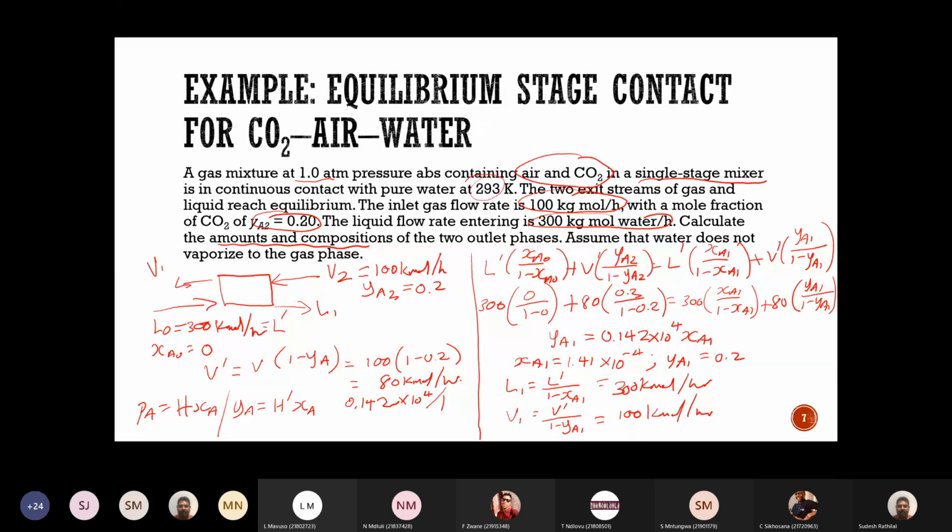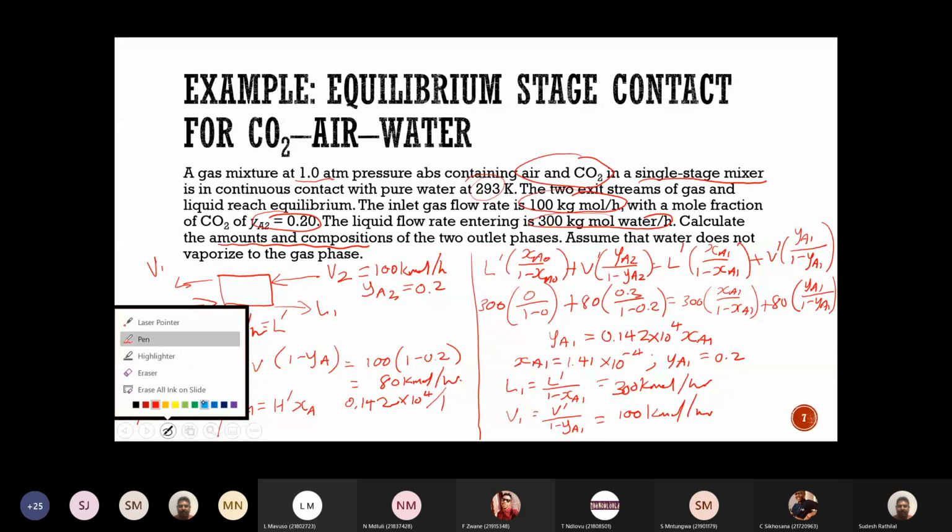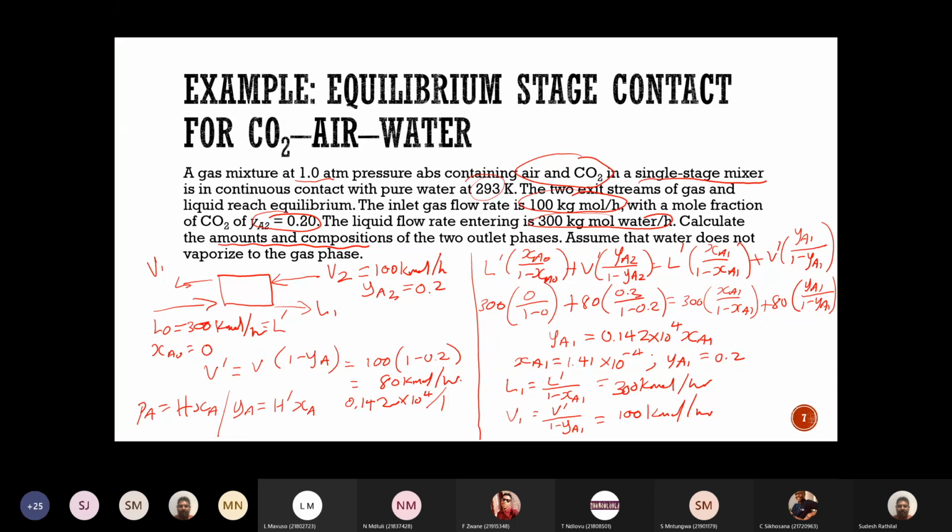So how did I calculate YA1? In this problem, you've got two equations with two unknowns. You've got this one equation here, and the only unknowns there are XA1 and YA1.